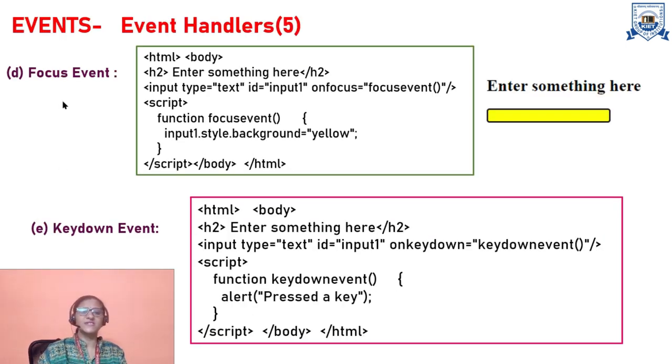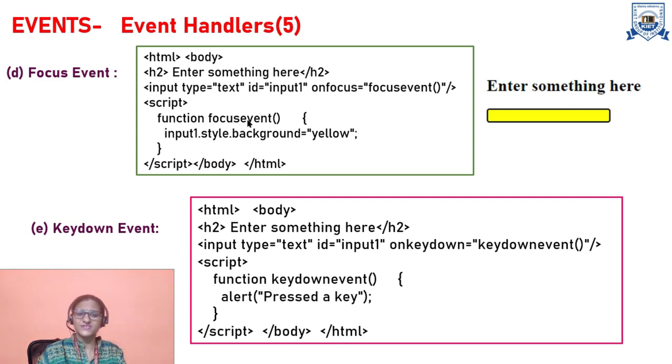Next, the focus event. In this, as soon as we put the focus on an element. In this case, the input type is text, and the ID of that text box is input1. On focus means as soon as we move the cursor inside this text box, the focus event will be called.